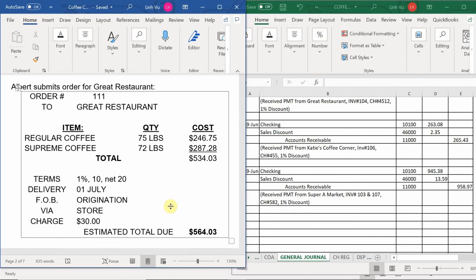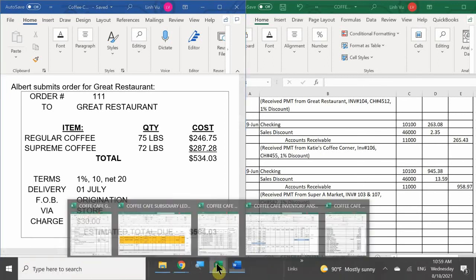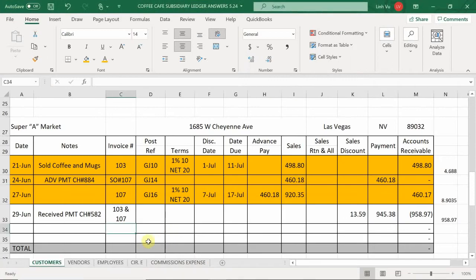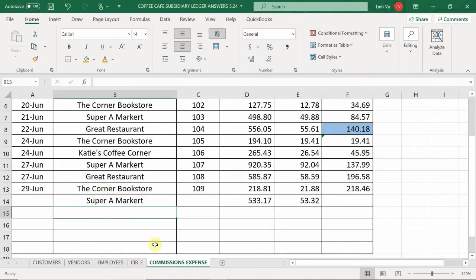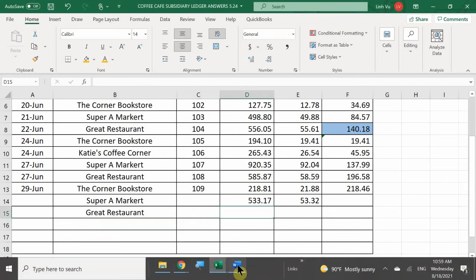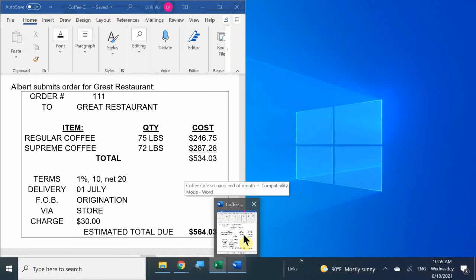In the subledger. So we're going to go to subledger, commissions. Okay. And who are we delivering this to? Great Restaurant, for the total amount of 56403.